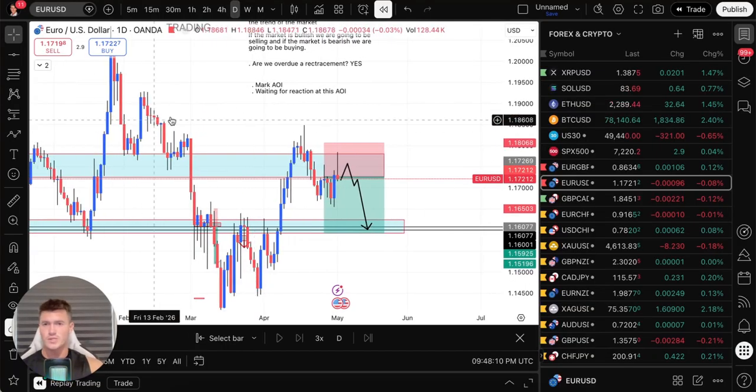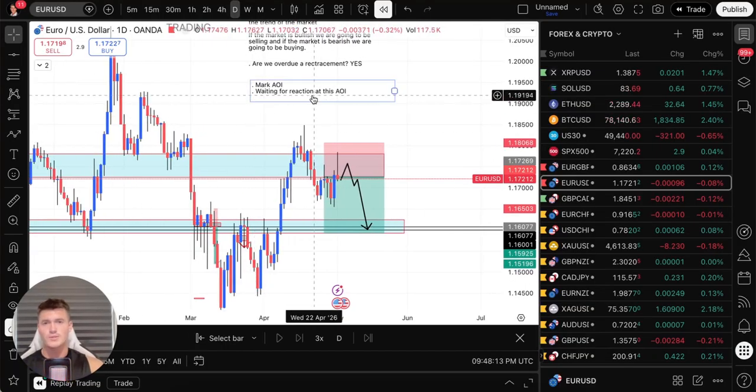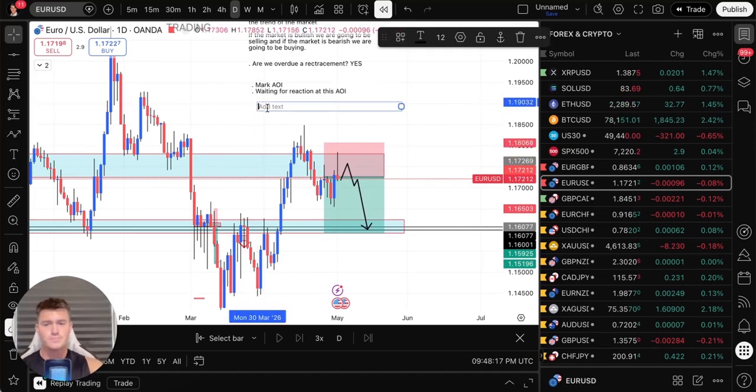So mark areas of interest, wait for your reactions at this area of interest, and then make sure your lower time frames shift in the direction you are anticipating.